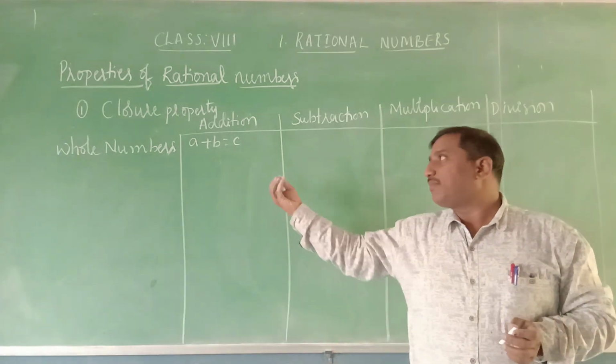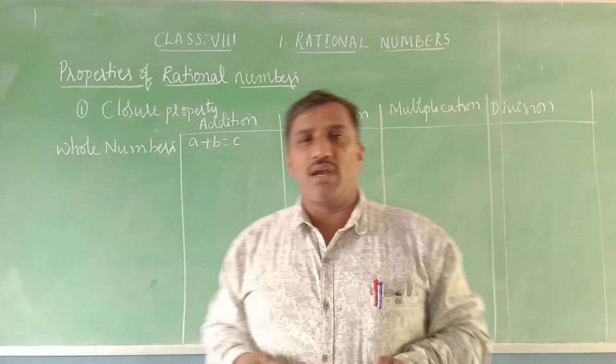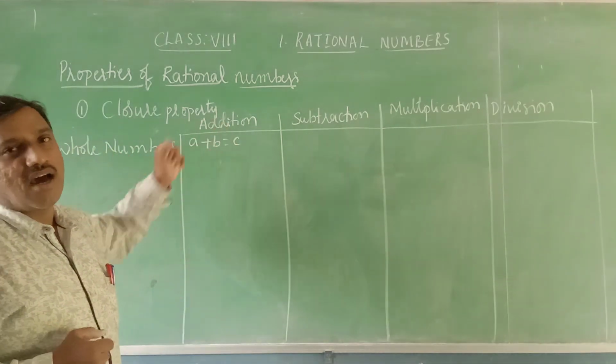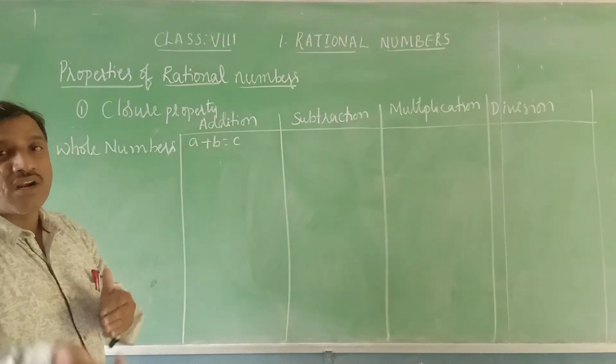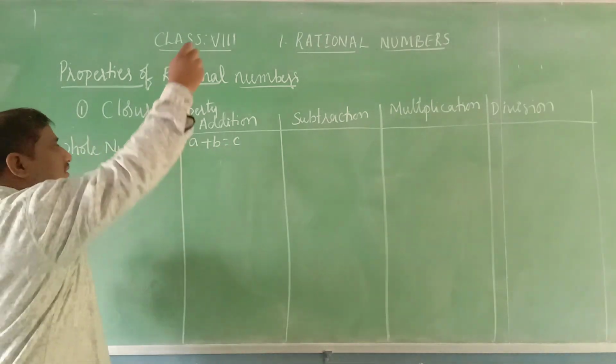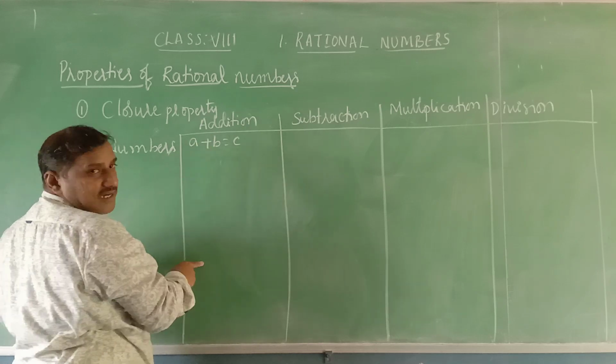So in general, A, B, C are 3 numbers. If they are whole numbers, they are whole numbers; if they are integers, they are integers; and if they are rational numbers, they are rational numbers. In general, the sum of two whole numbers is also a whole number. We will see whether it is satisfied for whole numbers under addition.